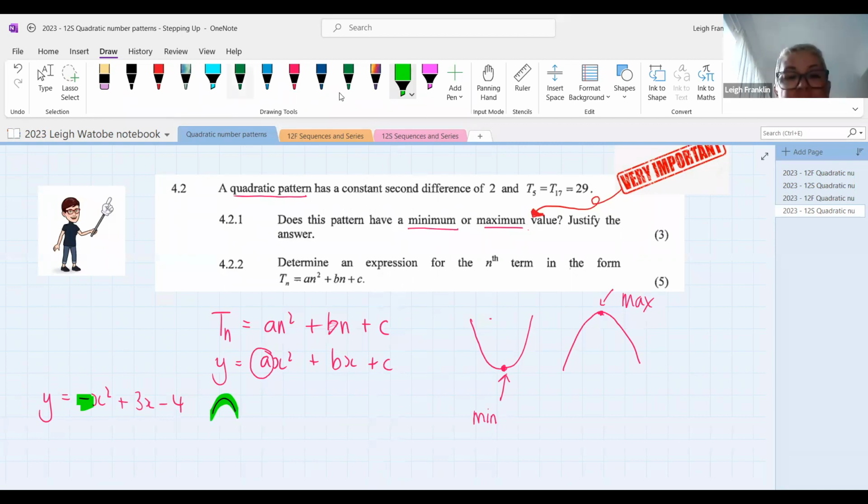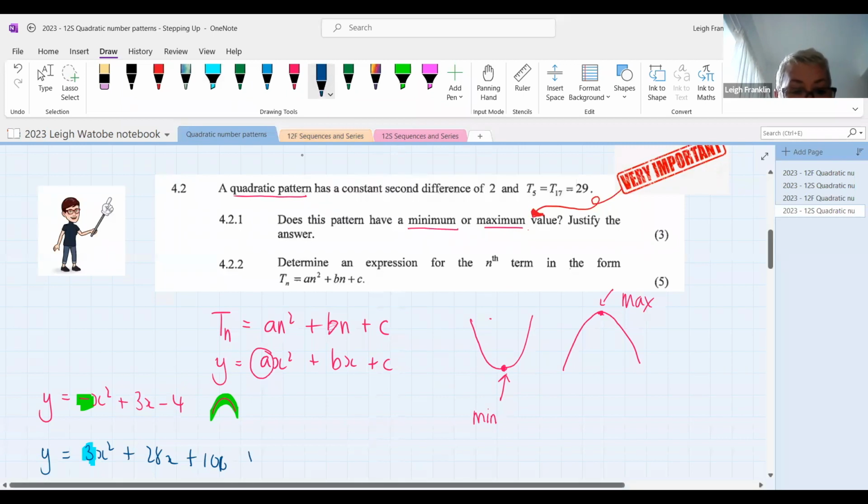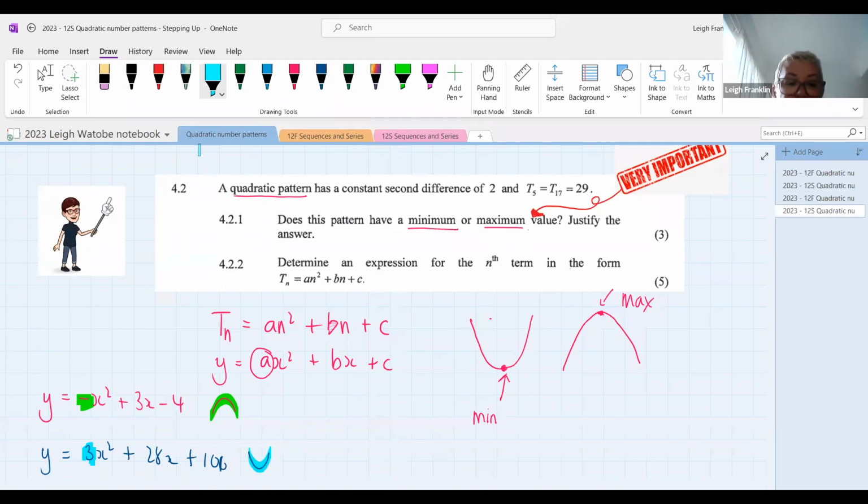If I have another parabola and it's y equals 3x squared plus 28x plus 101, then because 3 is positive, I know that my resulting parabola is going to have a smiley face. Do you recall this from grade 11? Is this making sense to you?